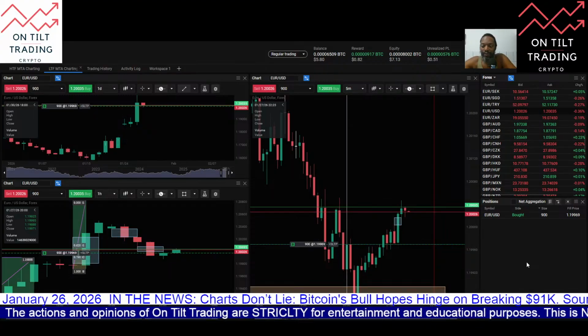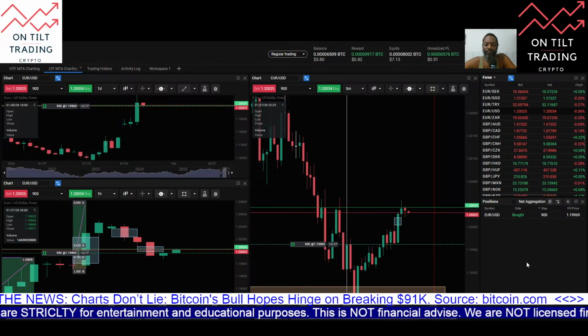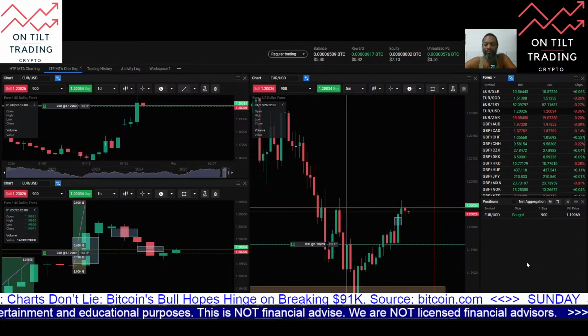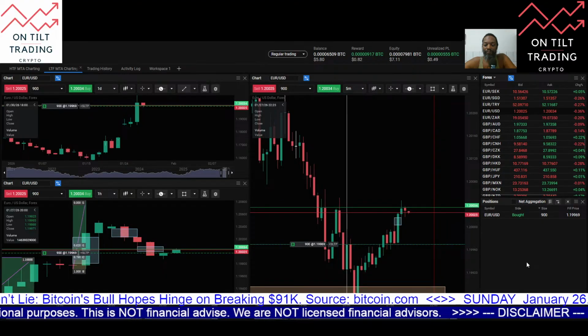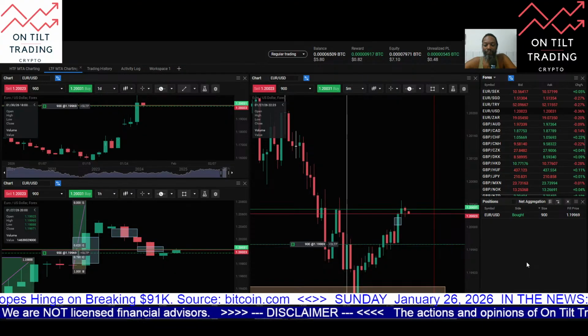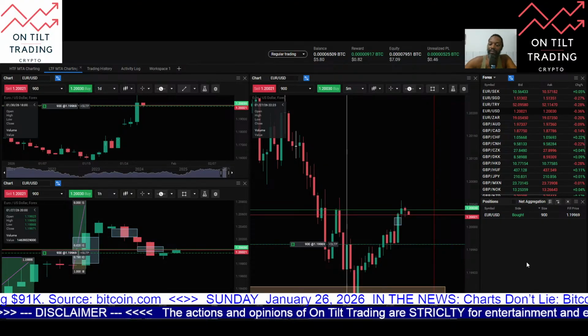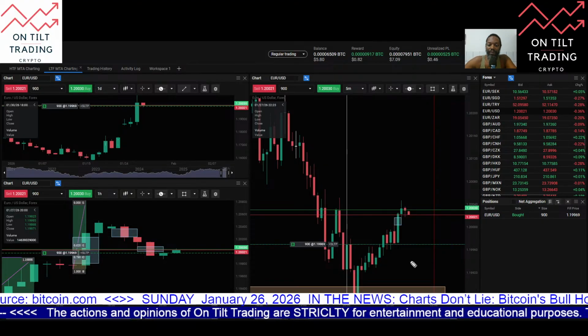Price consolidating here. So we may be getting that return to sell side delivery here for the remainder of the kill zone.